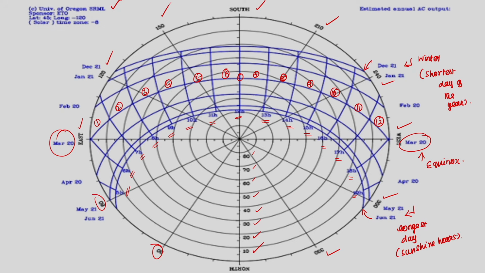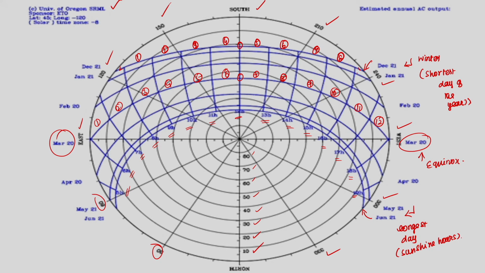Right. So, if you see here on December 21st, 1 hour, 2 hours, 3 hours, 4 hours, within 4 hours your noon would come, then 5 hours, 6 hours, 7 hours, 8 hours. So, the day length would be around 8 hours plus.